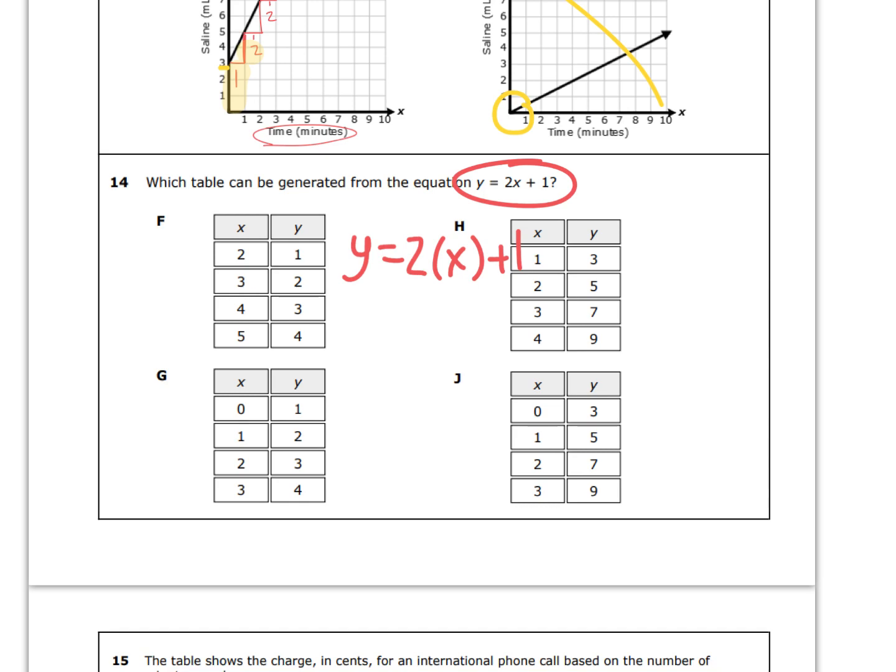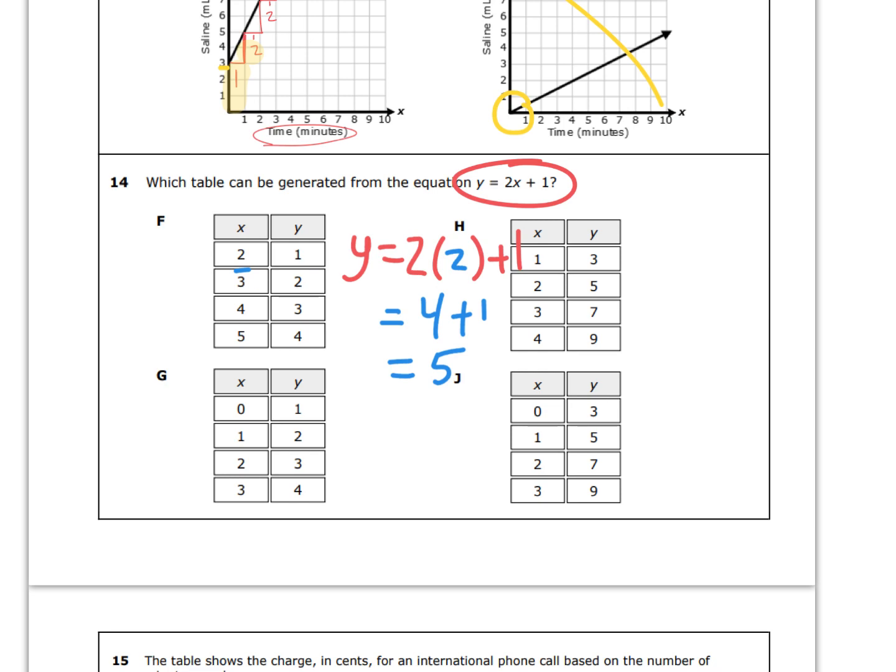What I'm going to do is, as I've said several times in class, I'm going to erase x, and I'm going to put in the thing that is x. So here's 2. Okay. So what's 2 times 2? That's 4. Plus 1 is 5.